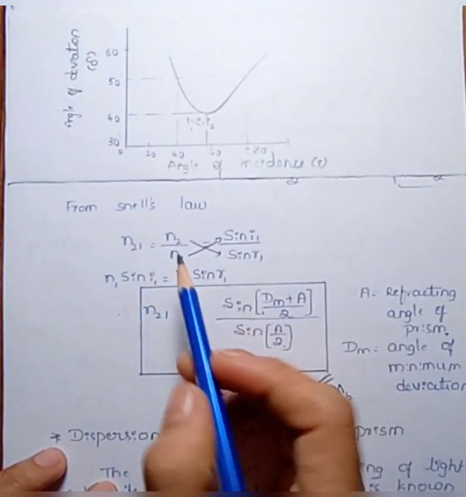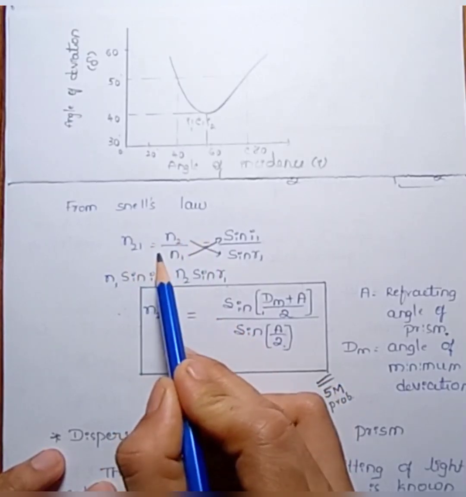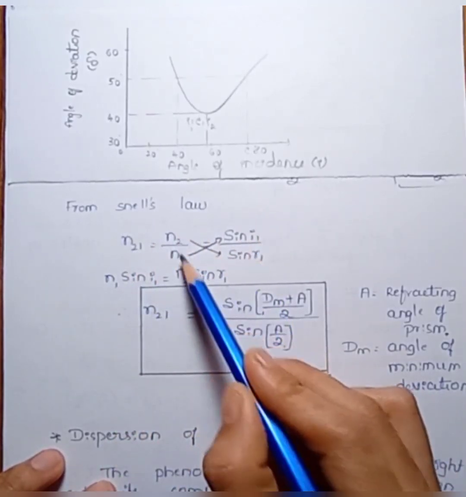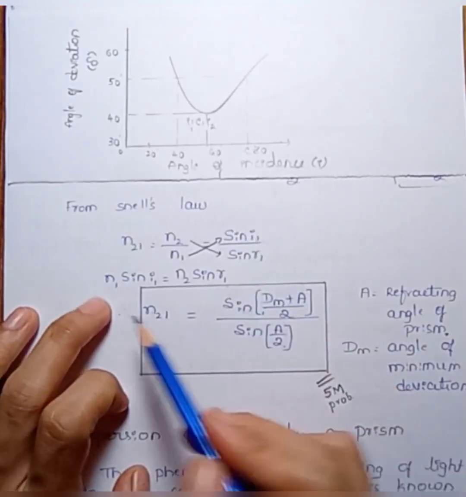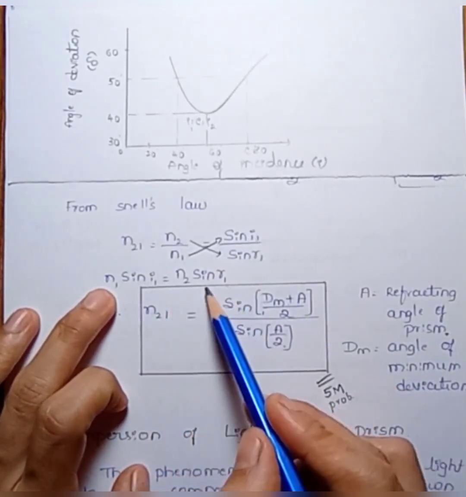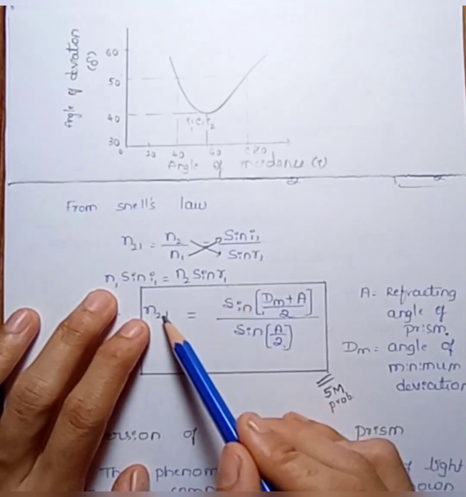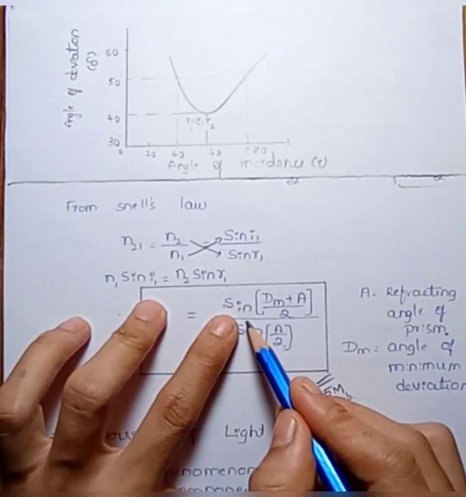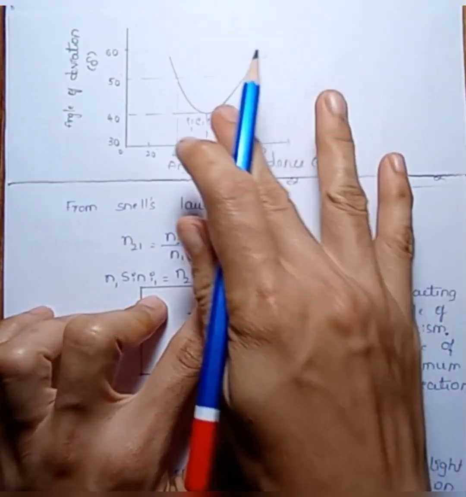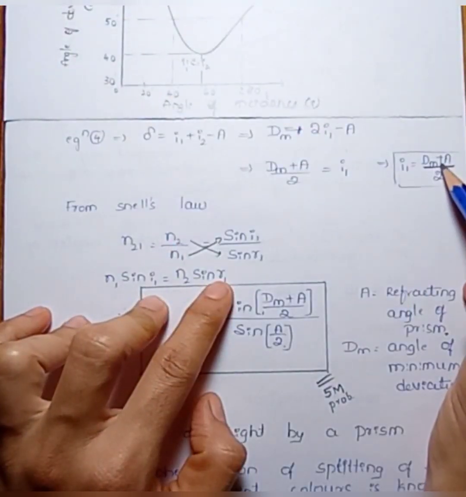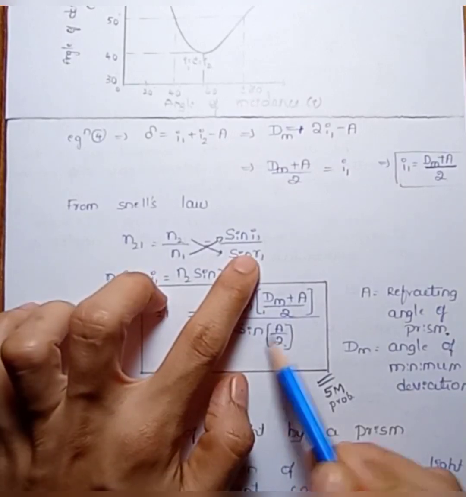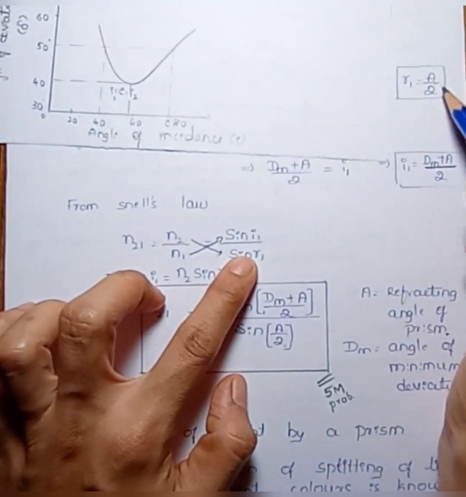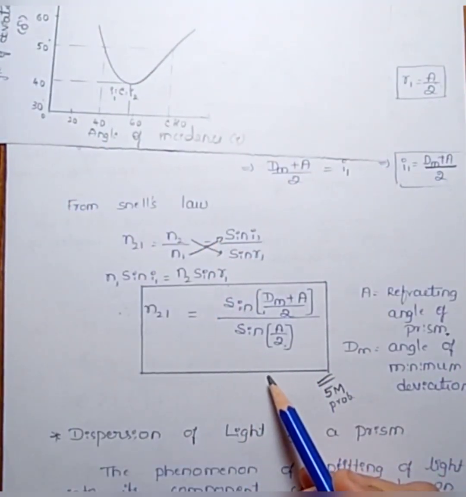And here from Snell's law, n21 can be written as n2 by n1, which is equal to sin I1 by sin R1. n1 sin I1 is equal to n2 sin R1. n21 is equal to sin I1, whose value is dm plus A divided by 2, all divided by sin R1, which is A divided by 2.